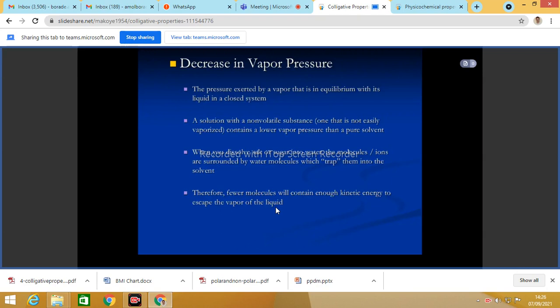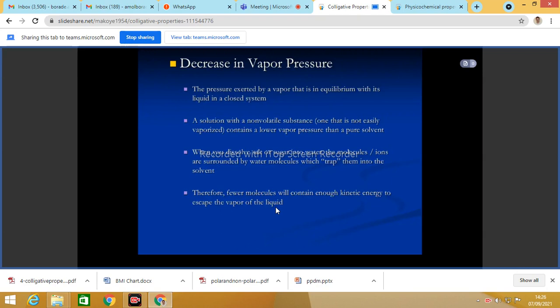Due to the presence of either salt or sugar in the water. So the presence of this made water less vaporizing, less evaporating. Why does it happen?